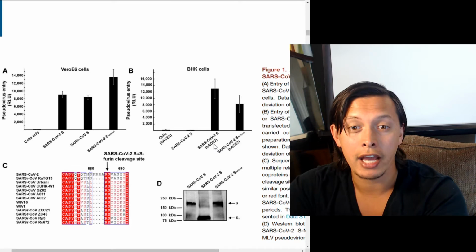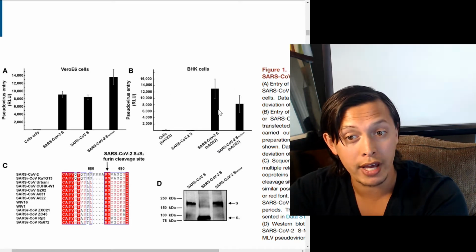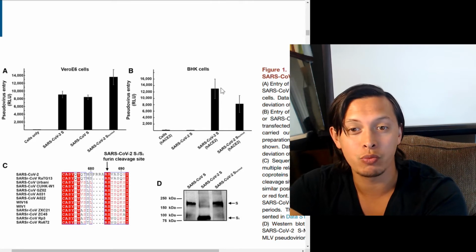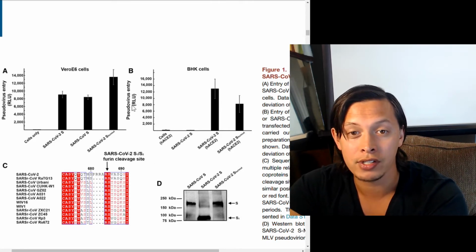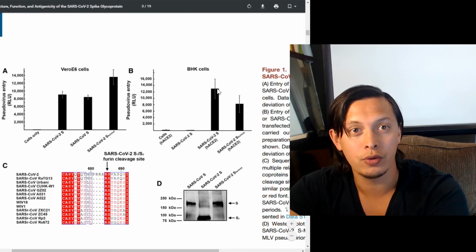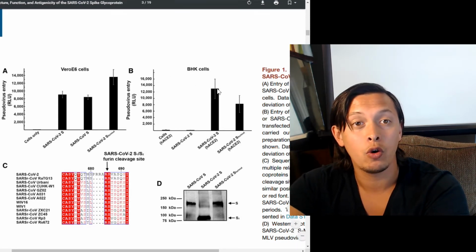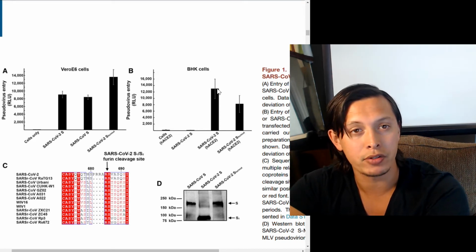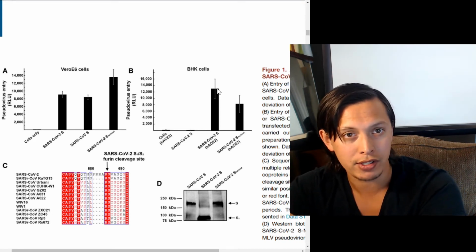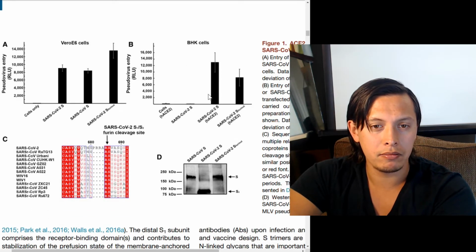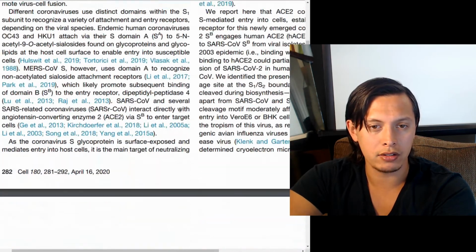And lo and behold, when you do that, you end up creating the conditions which let your pseudovirus enter. So this tells us that human ACE2 is, if not the only one, just one of the receptors that the new SARS coronavirus can use. So, going down.